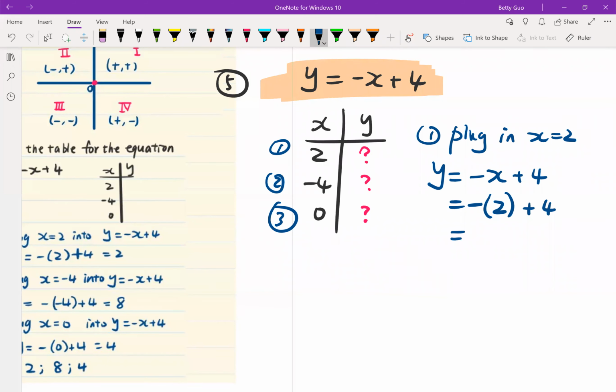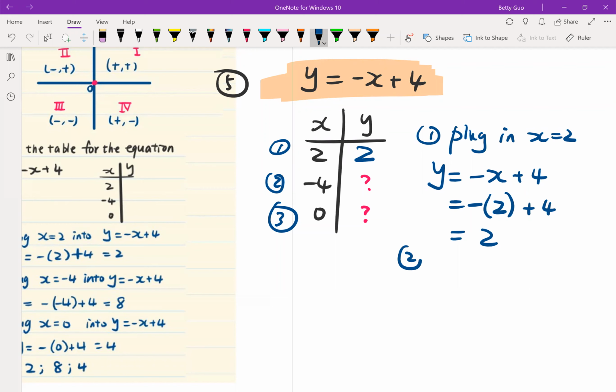Then what is negative 2 plus 4? Very good. Perfect. So the corresponding y for the given x equals 2 is just 2, right? Is that doable? Very straightforward. We learned this in chapter 1 or chapter 2.